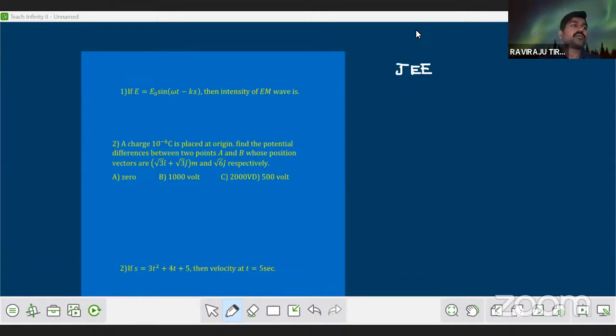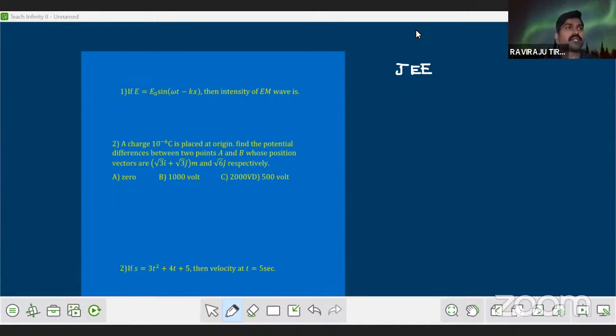So it's okay, amplitude square, but here intensity is different. But options are given in terms of epsilon, in terms of velocity, in terms of electric field intensity. In those terms only the options are given. Then what is the general formula?